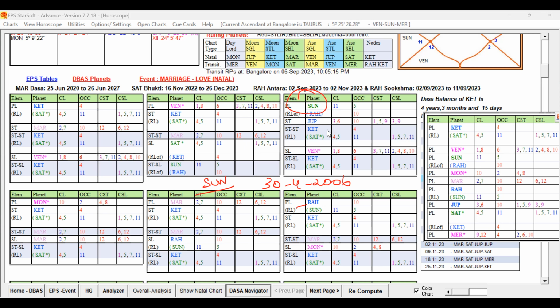So these two node planets are taking advantage of the key planet, and moreover Rahu is getting the aspect of the Sun also. That way it is getting the strength, and the Dasa Lord is also ruled by these key planets. Because of that, the Dasa Lord's key planets should be playing a role in the Bhukti Lord.